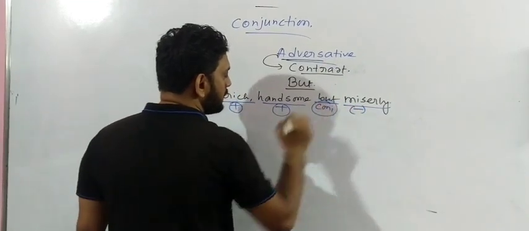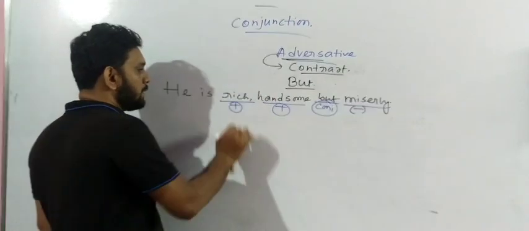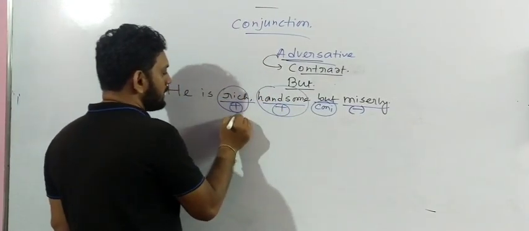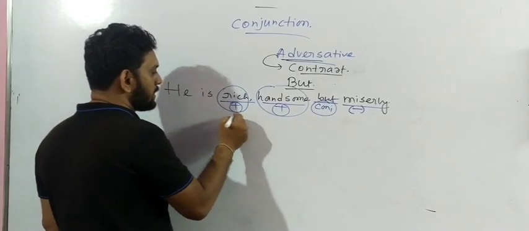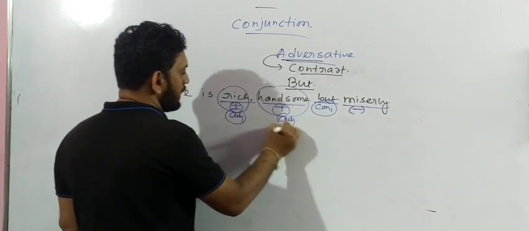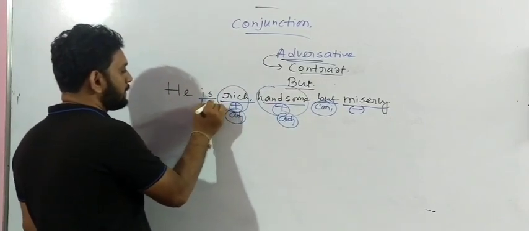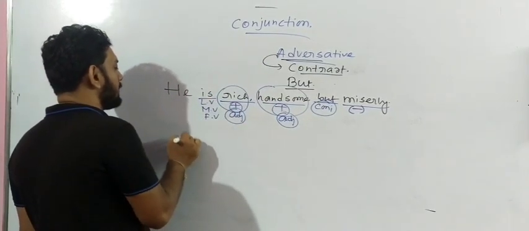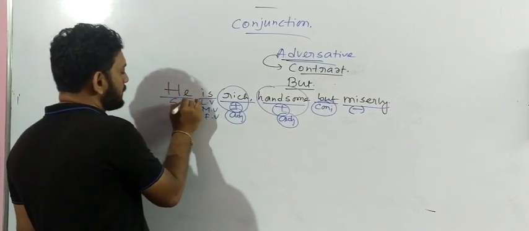Miserly is a negative word. Yes or no? That means we have written both positive words, and the part of speech of these words is adjective. Rich is an adjective, handsome is also an adjective. Here is is a linking verb, whether you call it a main verb or a finite verb, both are correct. He is the subject, a pronoun.